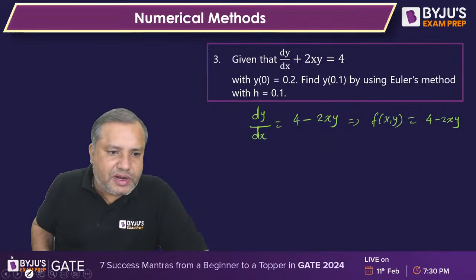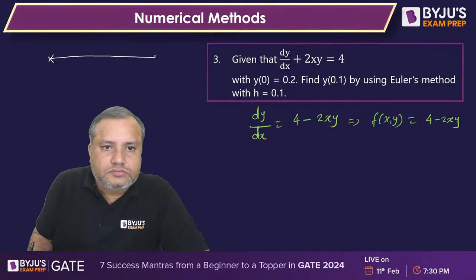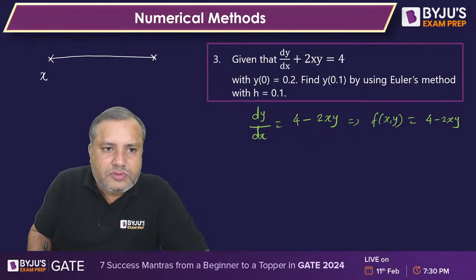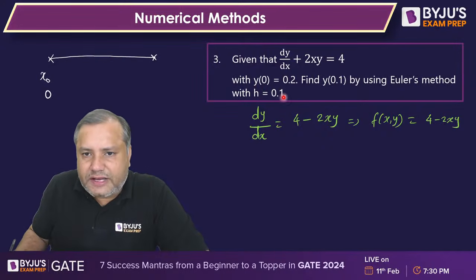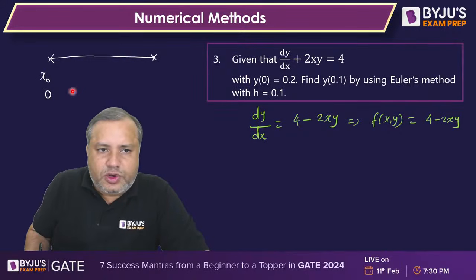We will draw a number line here. When x naught is 0, the step size is given as 0.1, and we need the value of y at 0.1. So 0 plus 0.1 will reach x1.